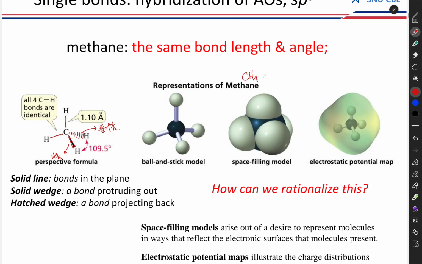In other words, their bond length is given here as 1.1 angstrom, and the bond angle is also given, 109.5 degrees, the typical number for the tetrahedral geometry. So the goal here is to use orbital theory, particularly hybridization orbital theory, to rationalize this geometry. That is the goal.